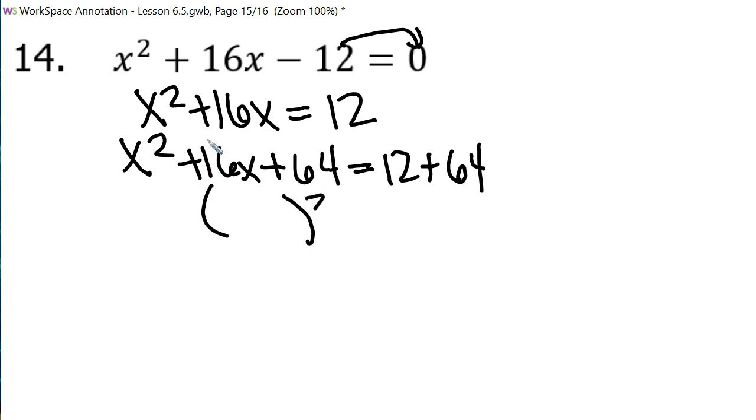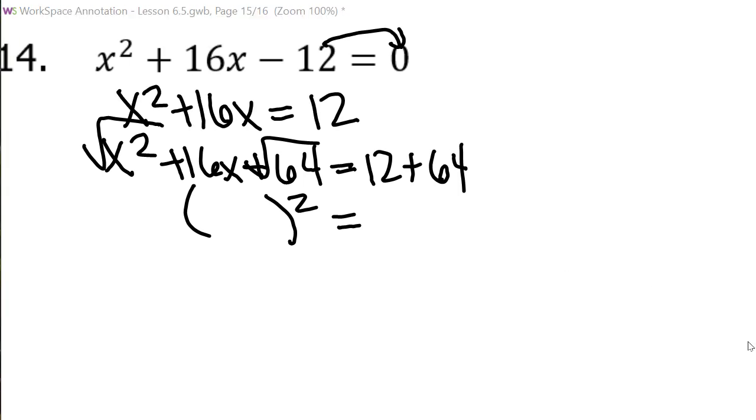Back to the perfect square trinomial, and what goes inside the parentheses? And 12 plus 64 is 76, and what went inside the parentheses? X plus 8.